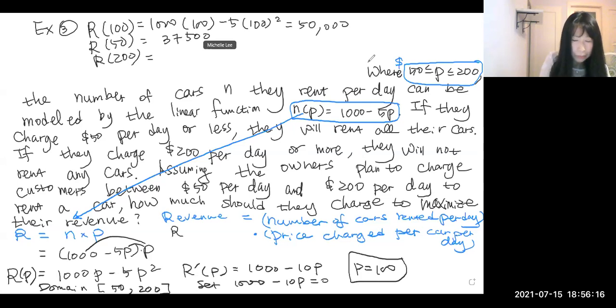And 200? It's 0. So this is the absolute maximum.